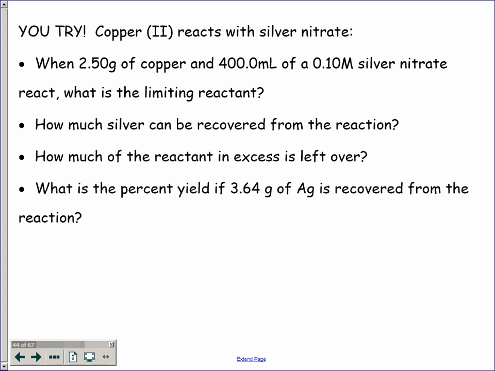No, we're not trying to. What is our ratio of silver nitrate to copper? 1 to 2. 1 copper for every 2 silver nitrate. So 1 mole copper. No, we're not trying to find copper, we're trying to find silver.